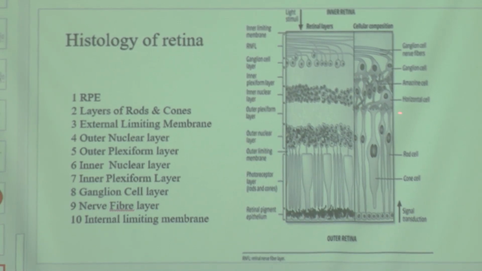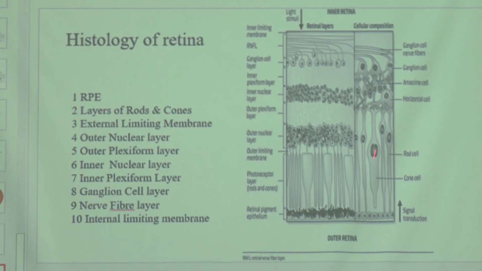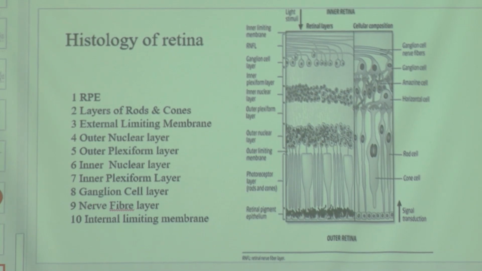One pole is making a synapse with the rods and cones, and another pole is making a synapse with these ganglionic cells. Basically, rods and cones, bipolar cells, and ganglionic cells.